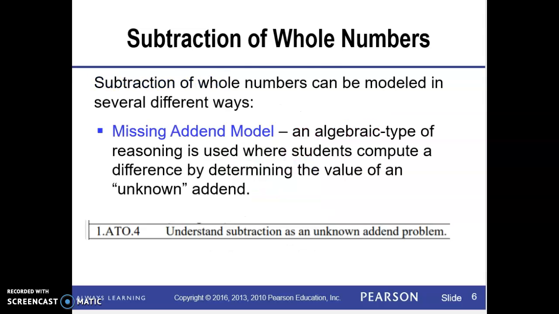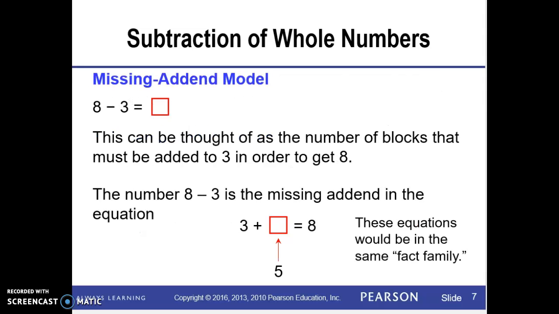All right, another possibility is what we call a missing addend. I don't know if you remember from the standards, but in first grade, it asks us to understand subtraction as an unknown addend problem. Okay, let's see what that means. Well, if I'm giving my first graders the problem 8 minus 3 equals question mark or equals box in this case, we might think about that as 3 plus something equals 8.